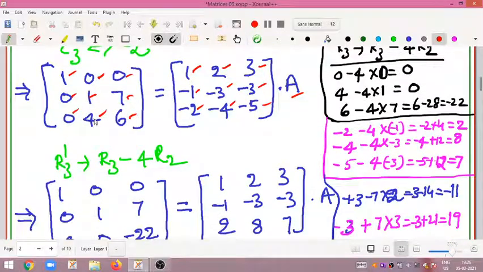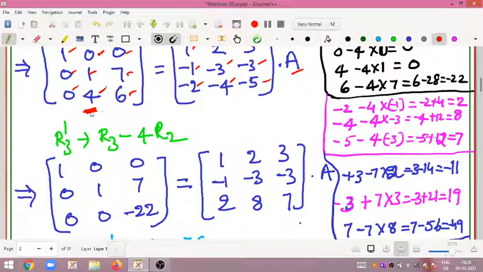Again, what do you want? We want to make this element 0. So that's why this element under R3. So that's why second row, first row, second row write as it is, 1 0 0, and 0 1 7, write as it is. This one we want to make 0. So that's why R3 minus 4 R2. So see here, R3 minus 4 R2.